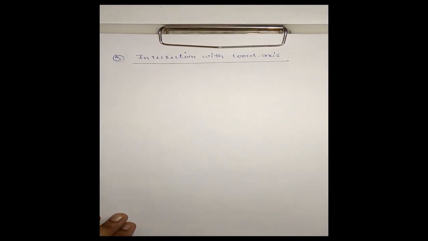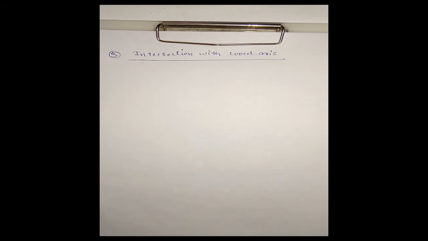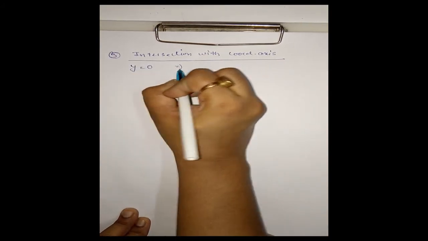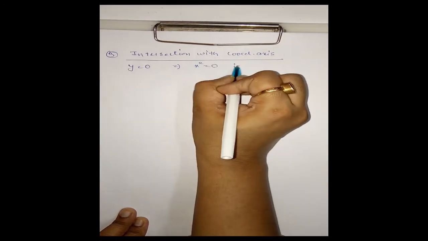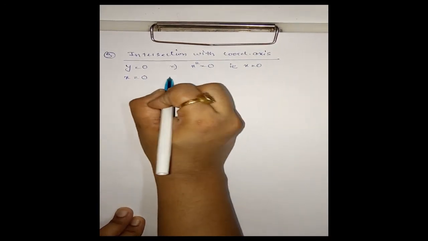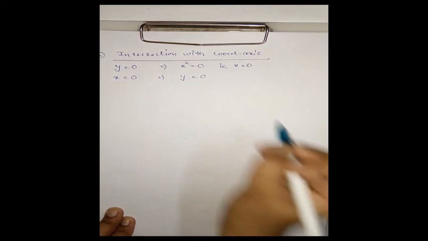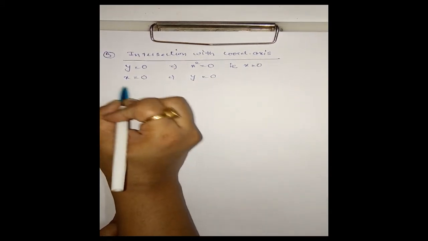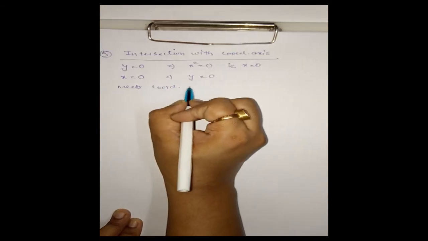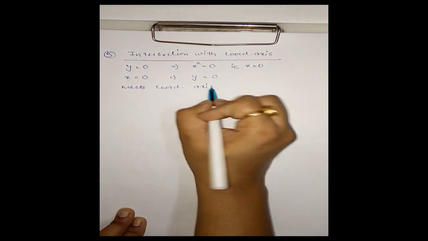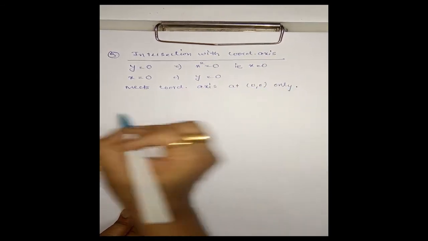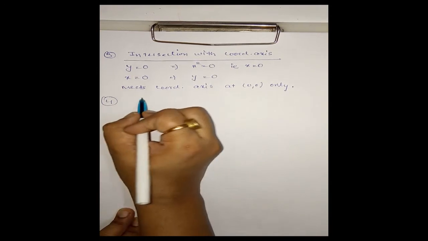Now, when y is equal to 0, it gives x square is equal to 0, that is x is equal to 0, and when x is equal to 0, it gives y is equal to 0. That means it meets the coordinate axis at the origin only, at 0, 0 only. Okay. Now the fourth is asymptotes.